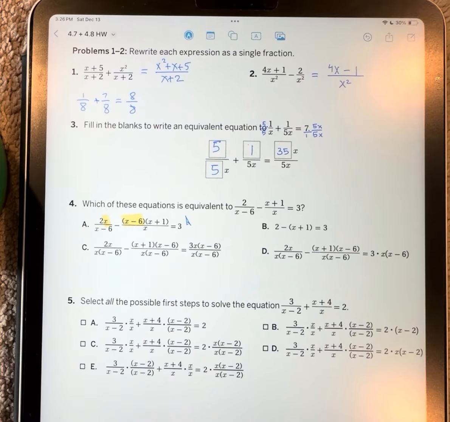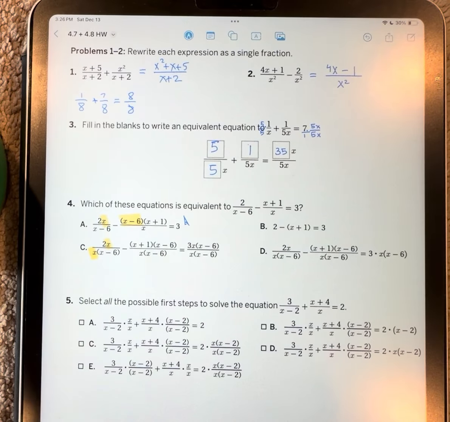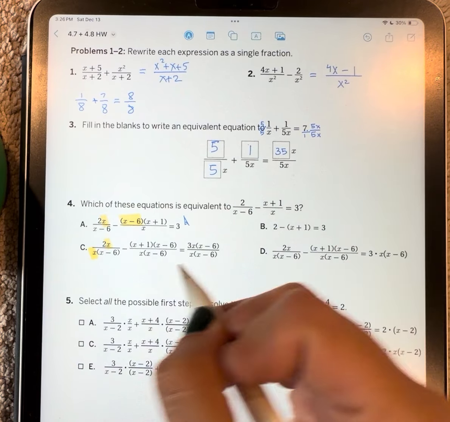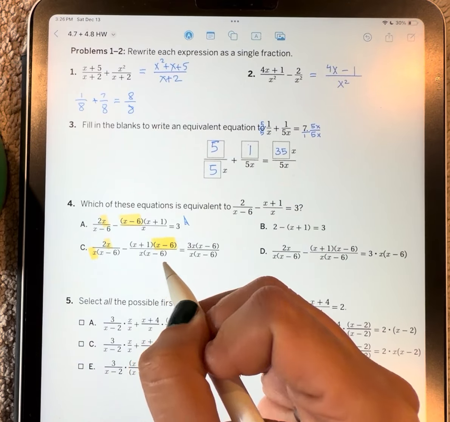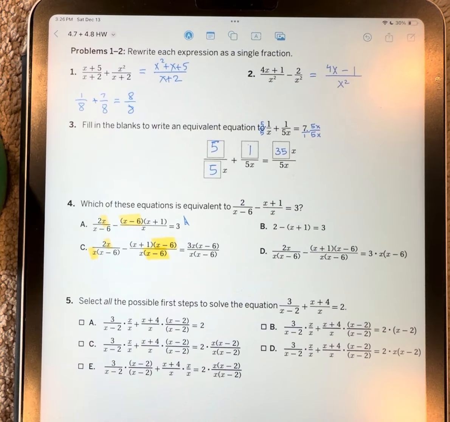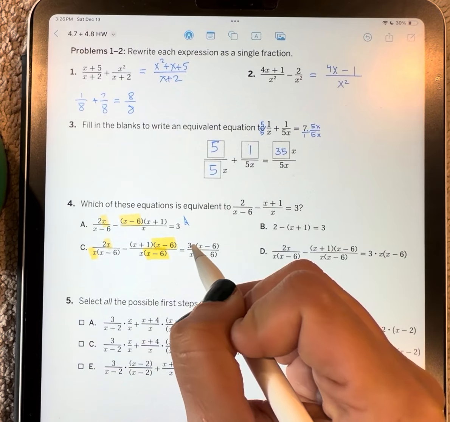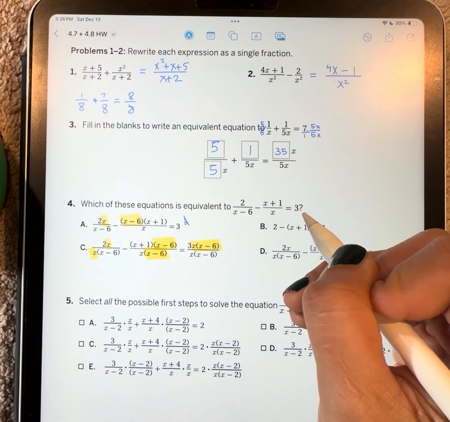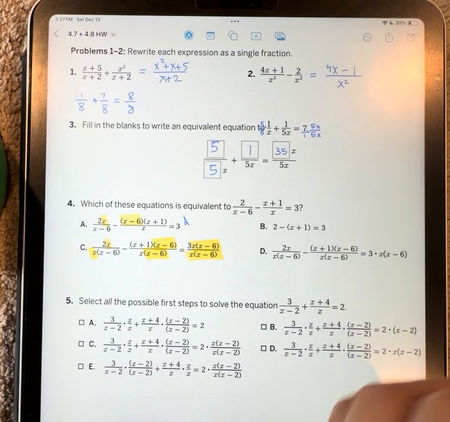In this one, they multiplied an x in the numerator, but they also multiplied 1 in the denominator. So far, it looks okay. Over here, they multiplied an x minus 6 in this numerator, but they also multiplied it in the denominator. Fantastic. They're doing okay this time. And then in this one, it looks like they multiplied an x times x minus 6 in the numerator and also in the denominator.